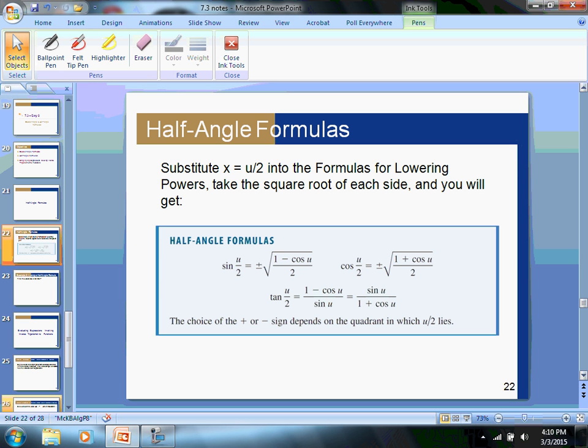Like half of 30 would be 15. So if you were trying to find the sine of 15, it would be the sine of 30 over 2. Then you would plug 30 in here because you know cosine 30, and then you can simplify the expression after that.